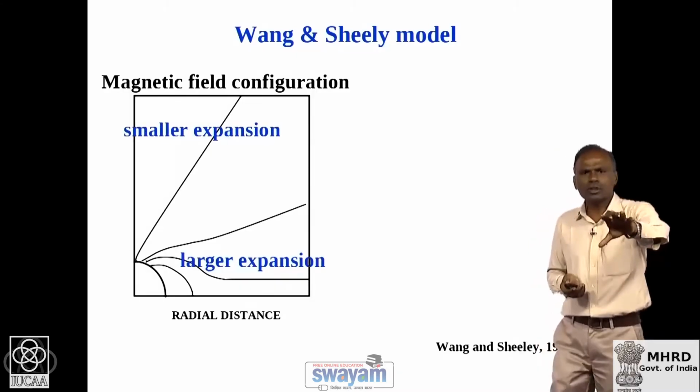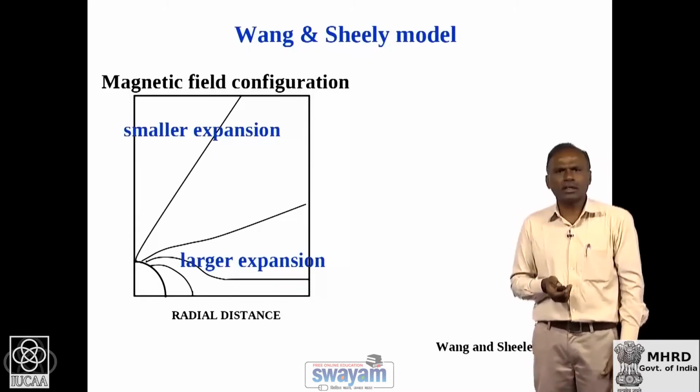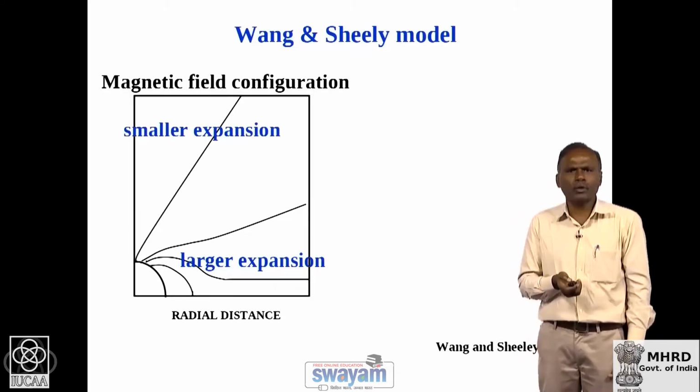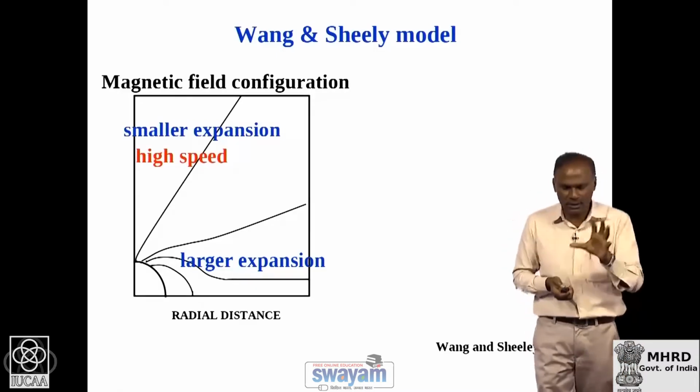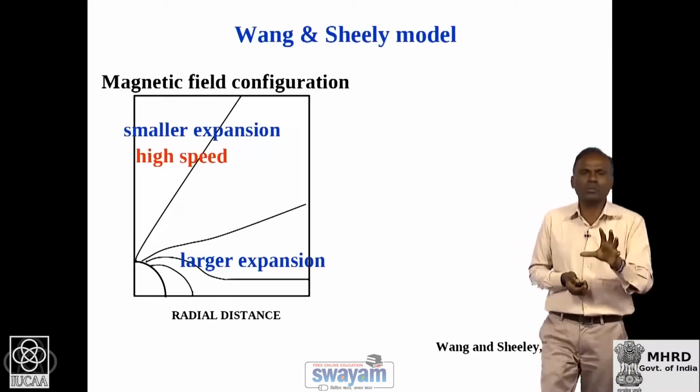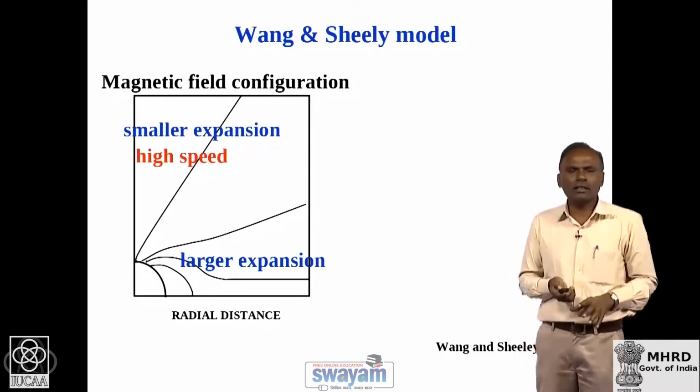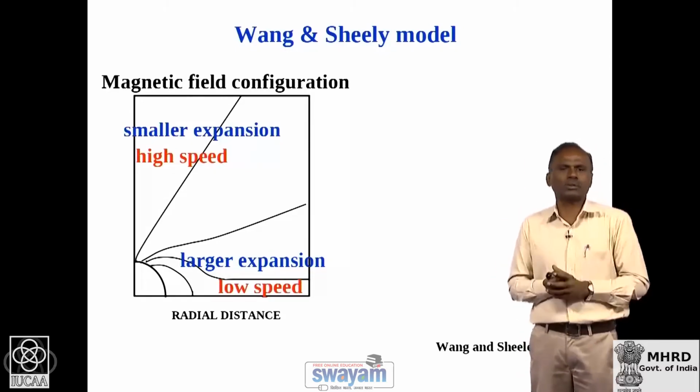Smaller expansion factors correspond to high speed wind, whereas larger expansion corresponds to low speed wind.